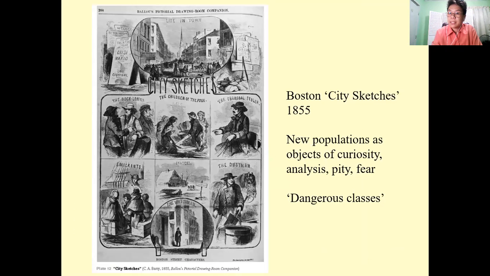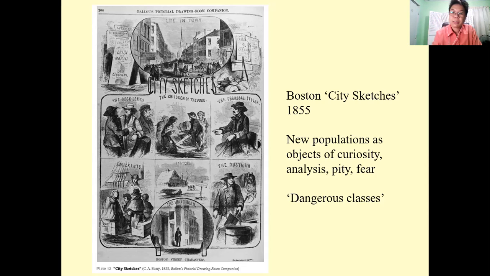So of course, classes also grew. If you remember, we have different classes, that's why the specification of social classes and demographics came into play. The new populations are a curiosity, and sometimes a fear, because again they brought in slaves from Africa.